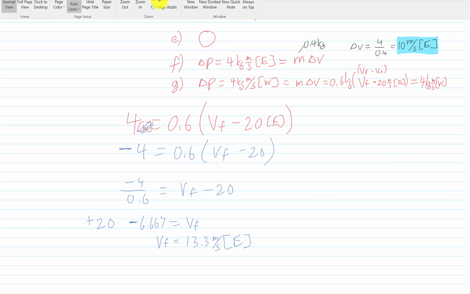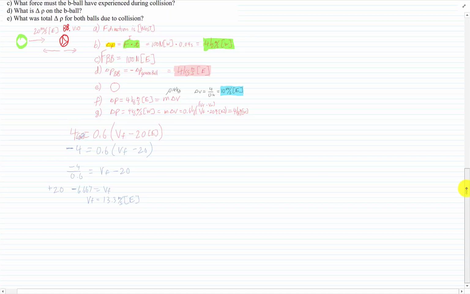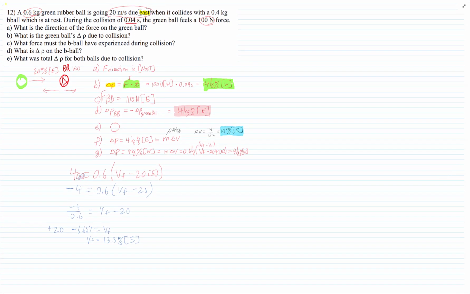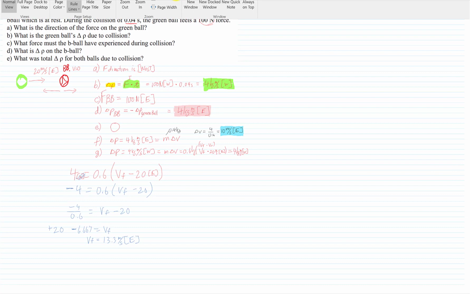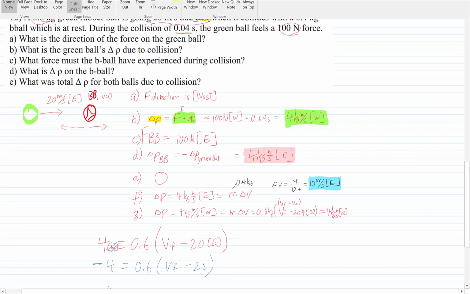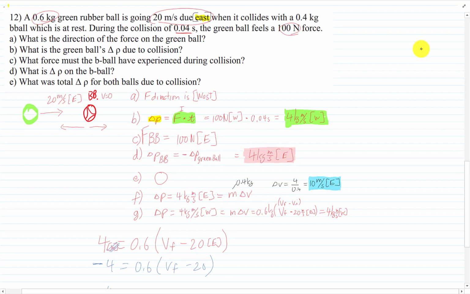Let's zoom out now and take a look at this. I know it's really tiny now. Okay, probably don't need to zoom out that far. Let's go to 70%. So the ball is coming in at 20, and it's the green one. And it hits the little bit smaller basketball that's initially at rest, 0.